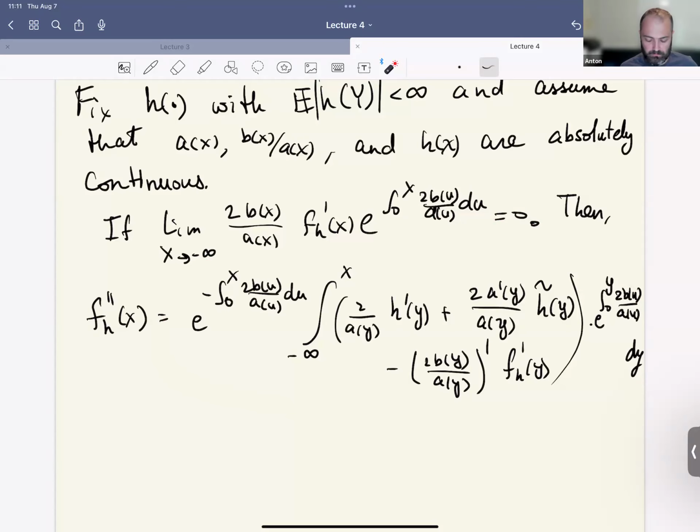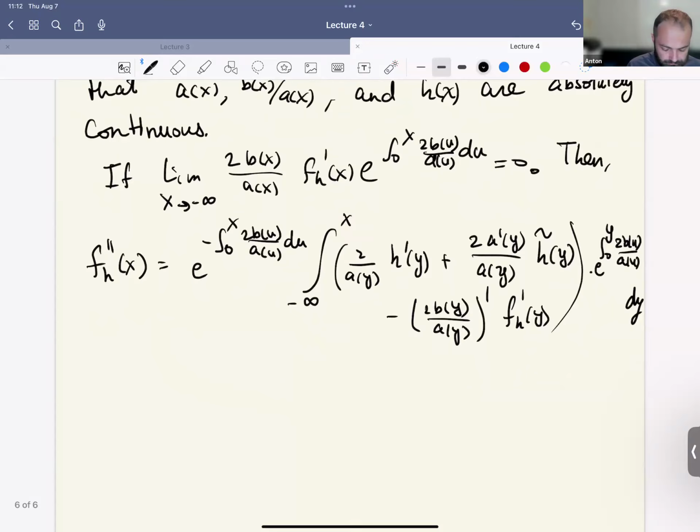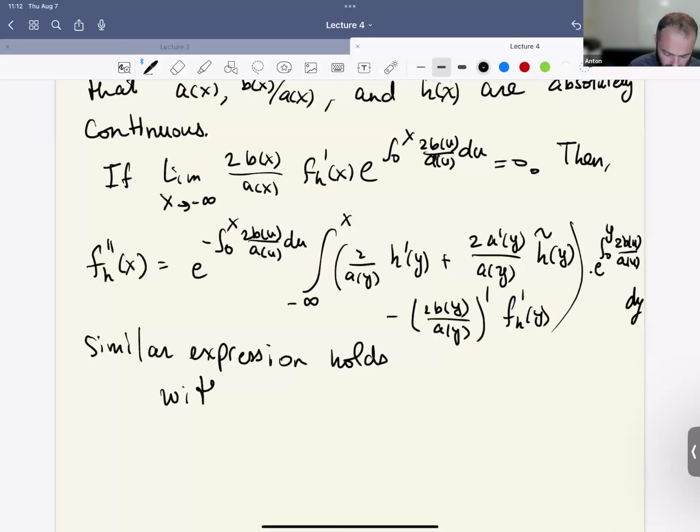Once you write it down, let me make a few comments. A similar expression holds with the integral from x to infinity instead of the integral from negative infinity to x.